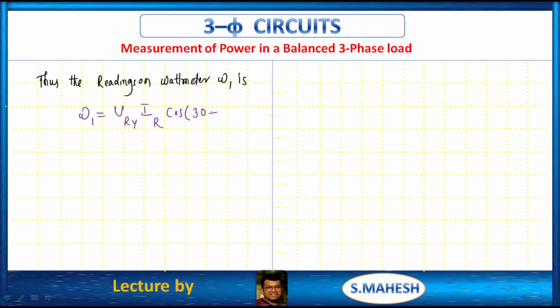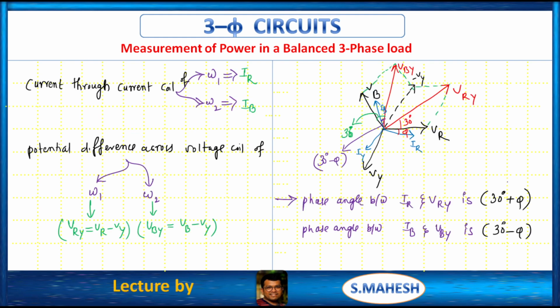That is 30 plus 5. Completed. That's it. We have Vry, we have IR. Obviously, the phase angle is the angle between Vry and IR, that is 30 plus 5.